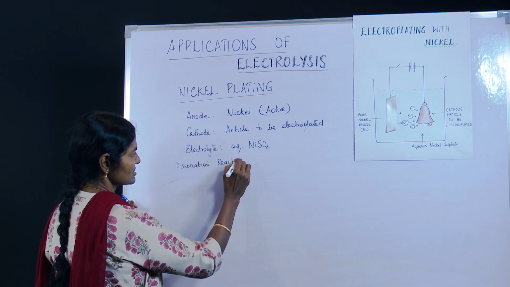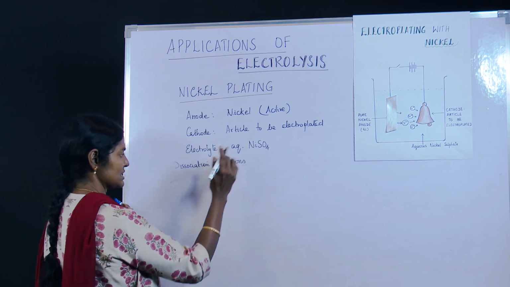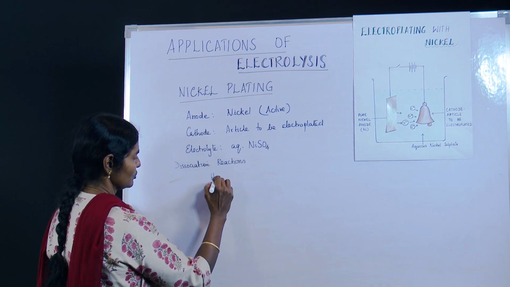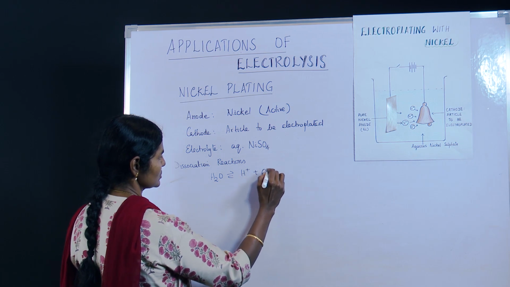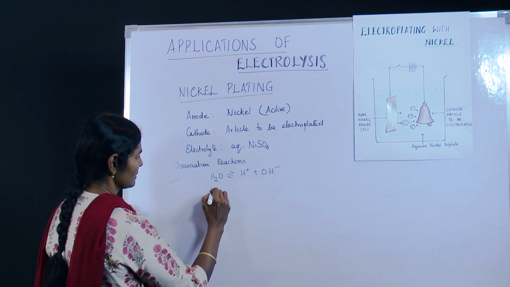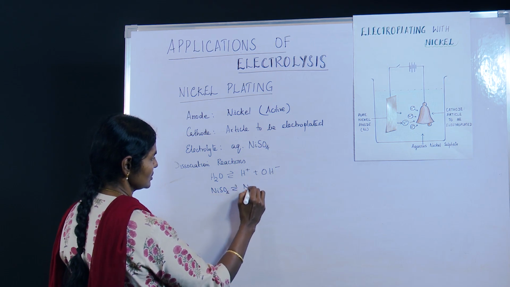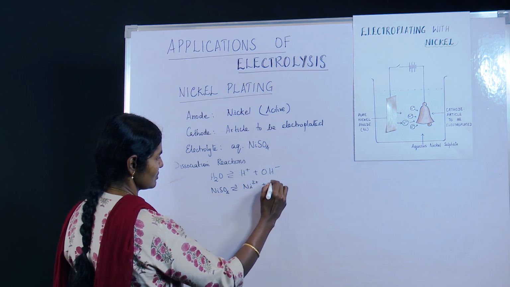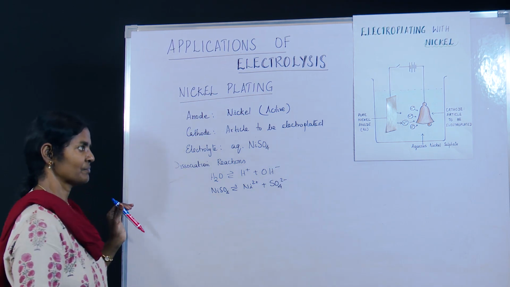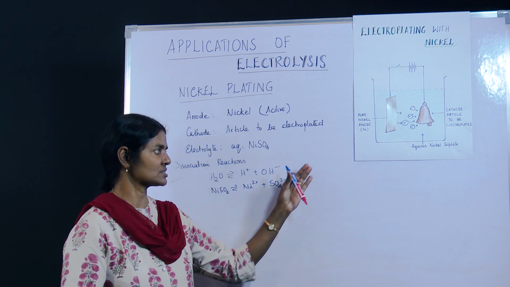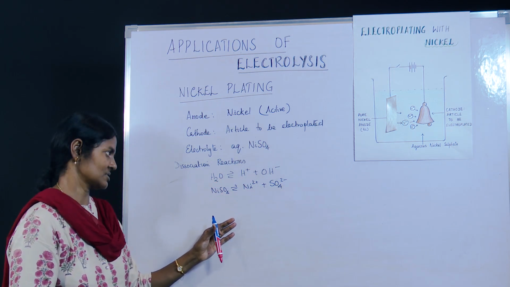Aqueous means water, and nickel sulfate is there. Therefore, water dissociates into H plus and OH minus, and nickel sulfate dissociates into nickel ion and sulfate ions. Actually traces of sulfuric acid are also added, but we are not taking that right here.